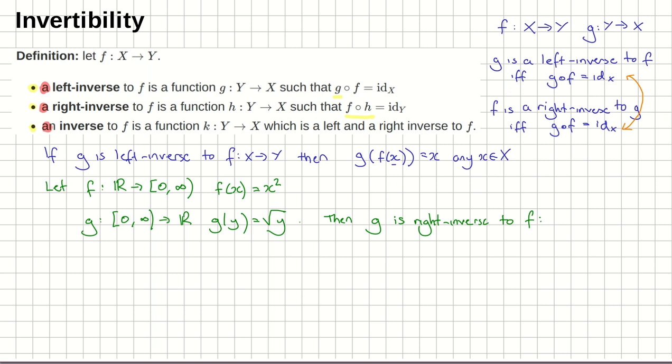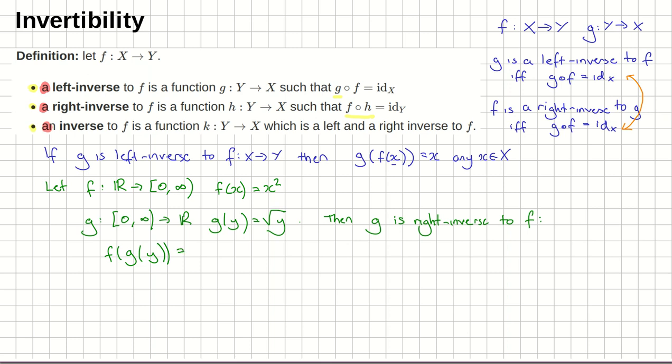In order to check it, all we need to do is work out f of g of y for some y in the set of non-negative real numbers.